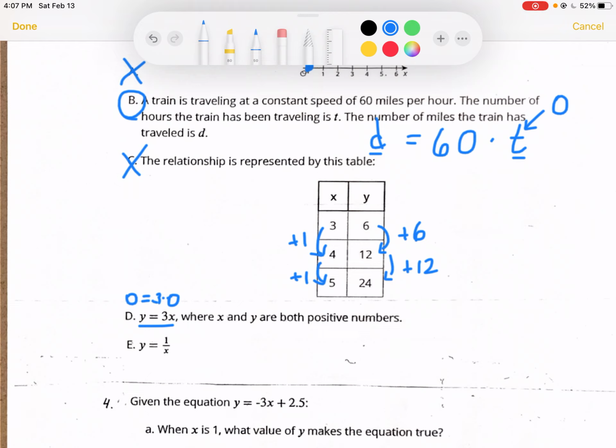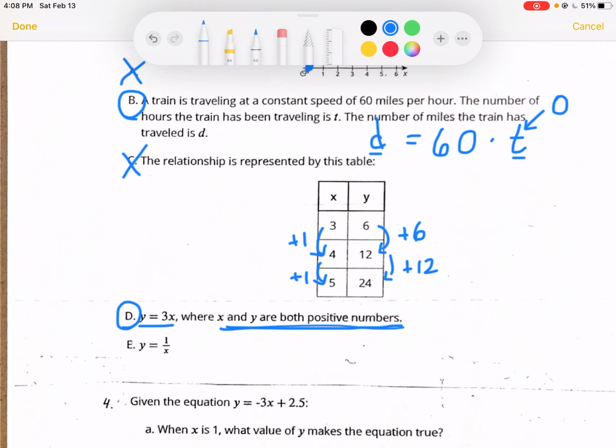So that works. Seems like a great answer. Now, could you say x and y are positive numbers? Well, if there's 0, are they positive? I don't know. I think that's debatable. So I'm going to go ahead and say that D is a good example of a proportional relationship. And it is. I think this x and y are positive numbers part maybe is a little bit misleading or confusing. But we're going to let that go.